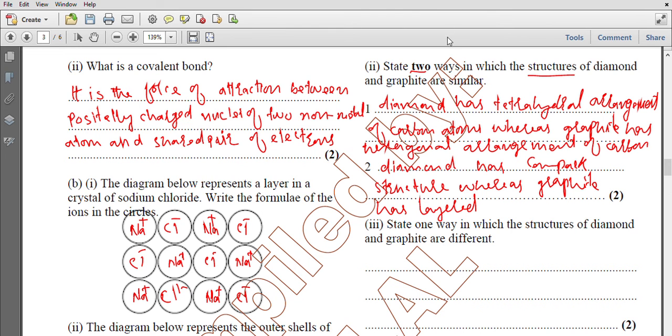Sorry, I guess I got it wrong. The question asks for the similarities in one part, and we write the differences in the other part.